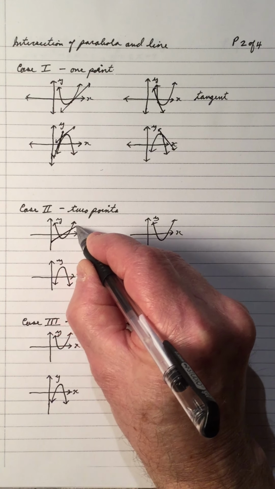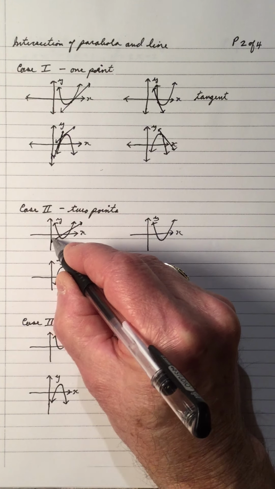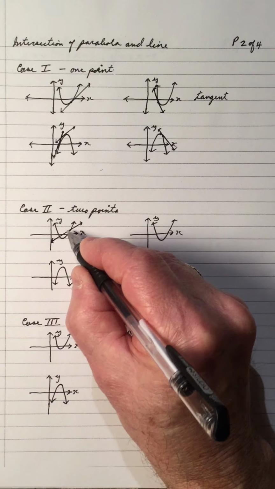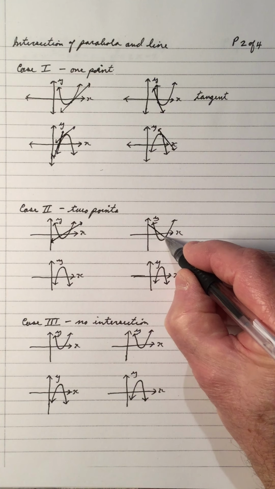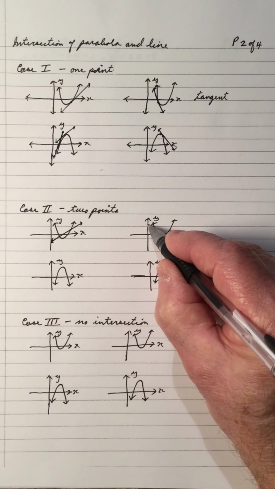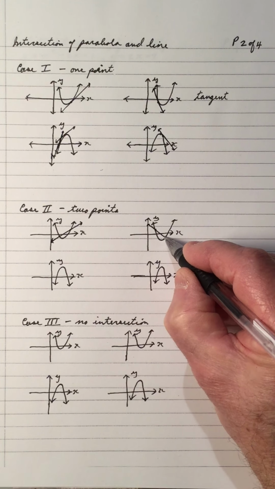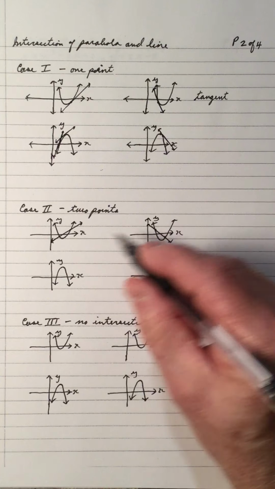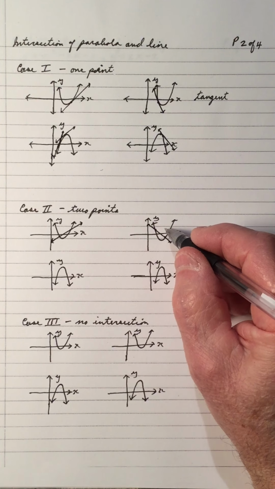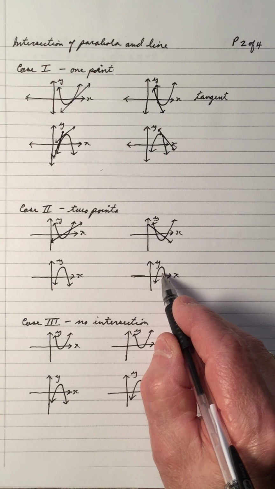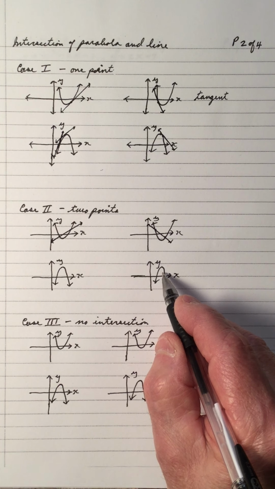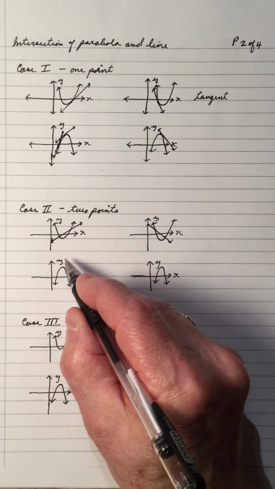So here's a positive slope again, going up to the right, and it intersects at 2 points. Or we could have a negative slope, and the line intersects at these 2 points. Notice these two parabolas are opening up, which means the A value is positive. These two parabolas are opening down, which means the A value is negative.